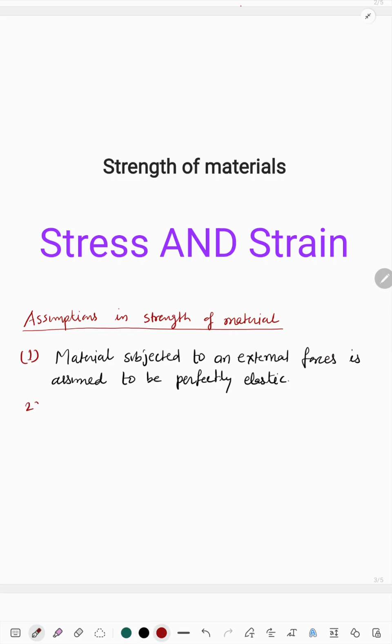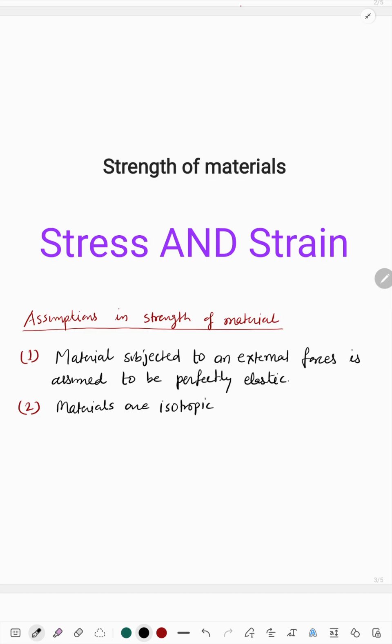Next, the second assumption is that materials are isotropic.